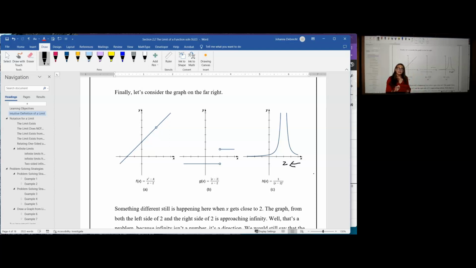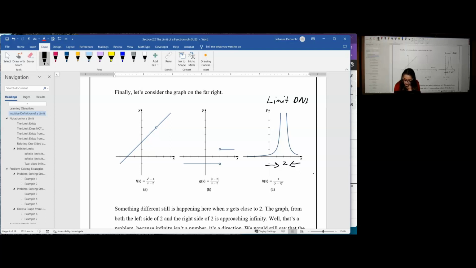Without bound means there's no maximum value. In other words, it's going to infinity. On the left side, as I approach 2 from the left, it also looks like it's going to infinity. Now, infinity is not a finite real number. This means the limit does not exist.